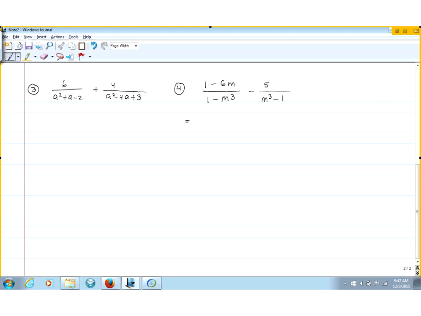So you know the relation between both. So what would you do here? Are they the same, 1 minus m cubed and m cubed minus 1? No. What is the relationship between those two? They're the opposite.